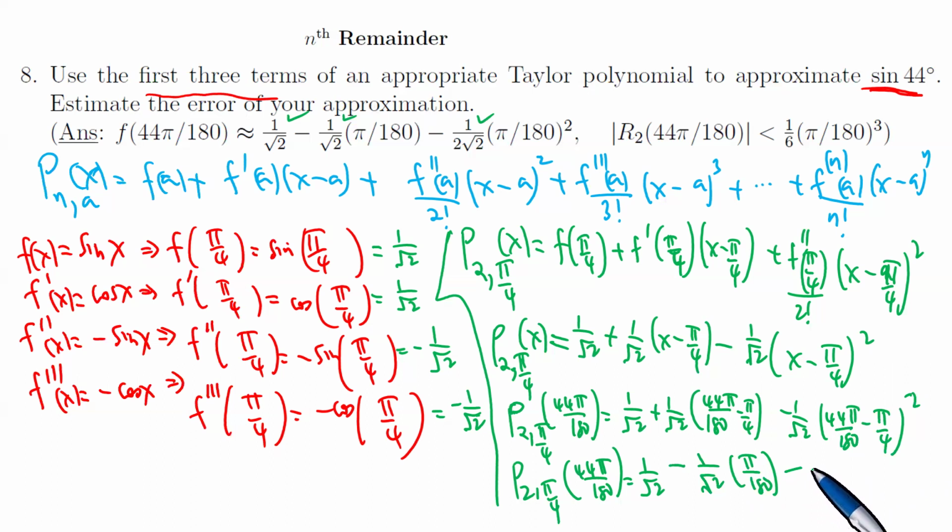But again, because the second derivative has the 2 factorial, there is an extra 2, which is pi out of 180. Like that.